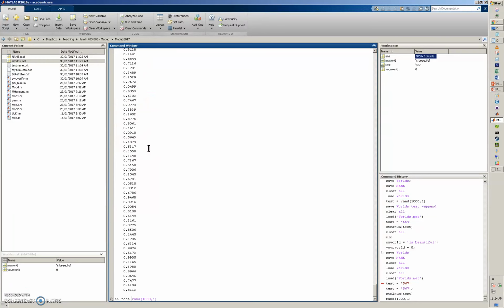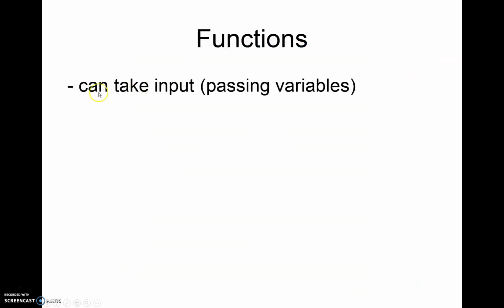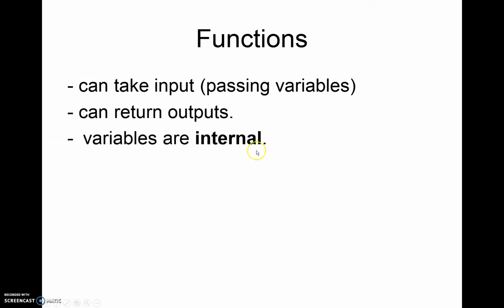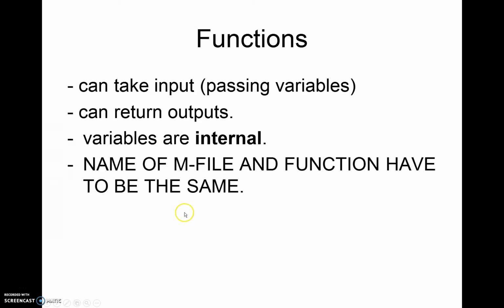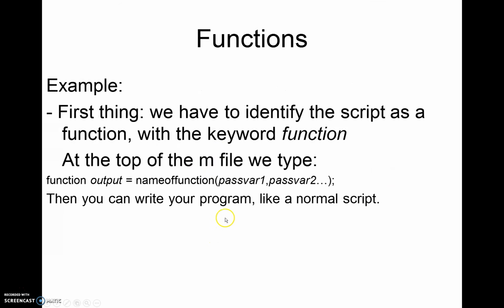And it gives us output some value that you can assign to test. So functions can take an input, like passing variables to it, and then they can return outputs. All the variables inside the function are internal. They don't leave the function, and you never get to see them unless you peek inside. The name of the function and the file in which it's contained have to be the same, and you'll see what I mean in a second.